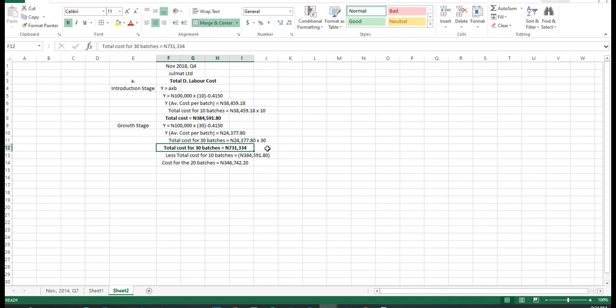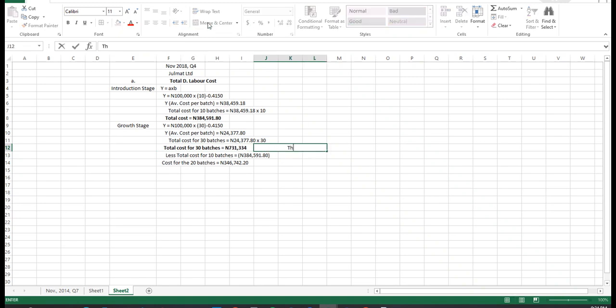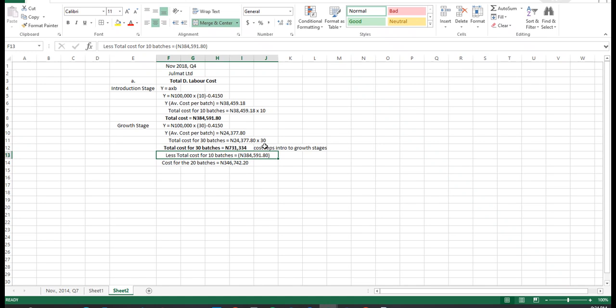That is what this means. So this cost represents intro to growth stage, cumulative of the 10,000 and the 30,000 batches.